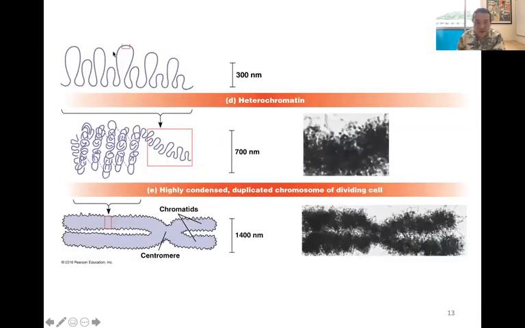So from loops, as seen up here, the loops themselves can wrap up on itself, getting more and more compact. And you get this 700 nanometer fiber, which we call heterochromatin.